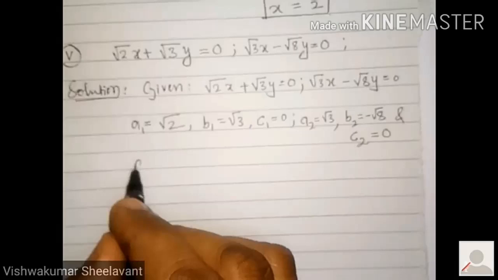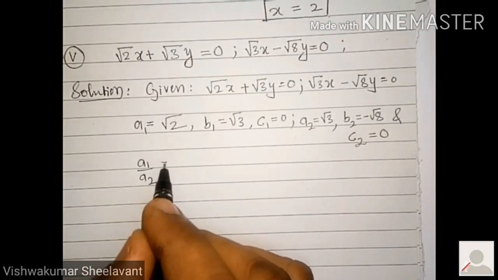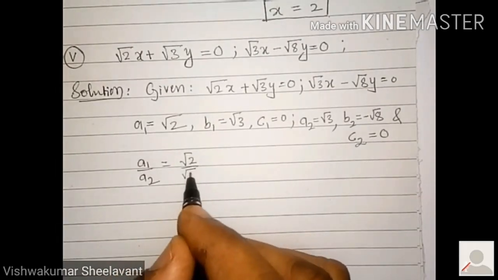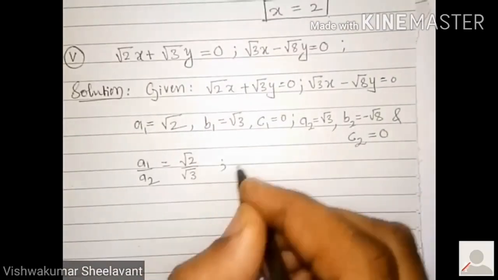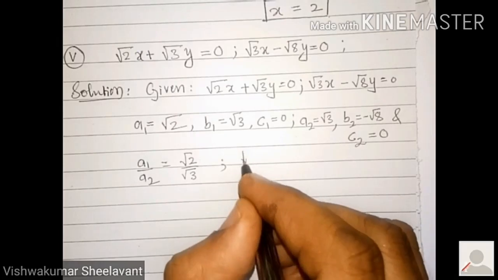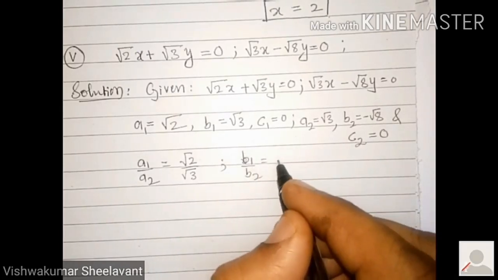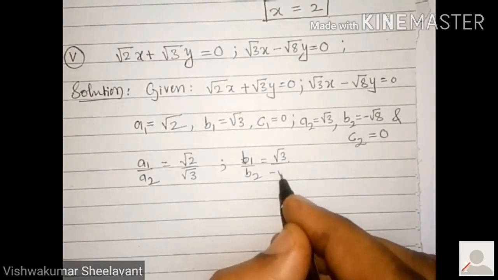Now find A1 by A2, root 2 by root 3. Find B1 by B2, root 3 by minus root 8.